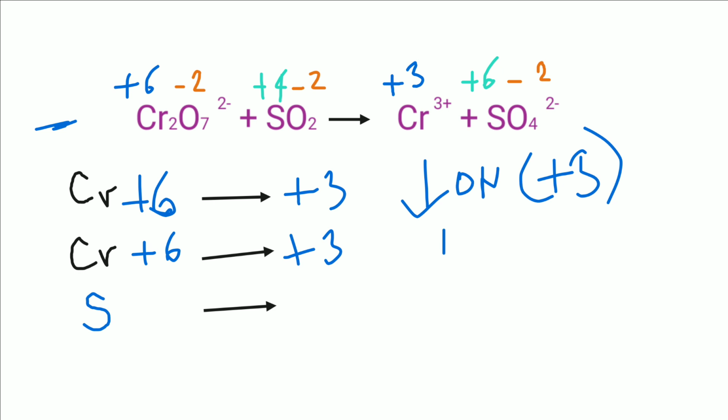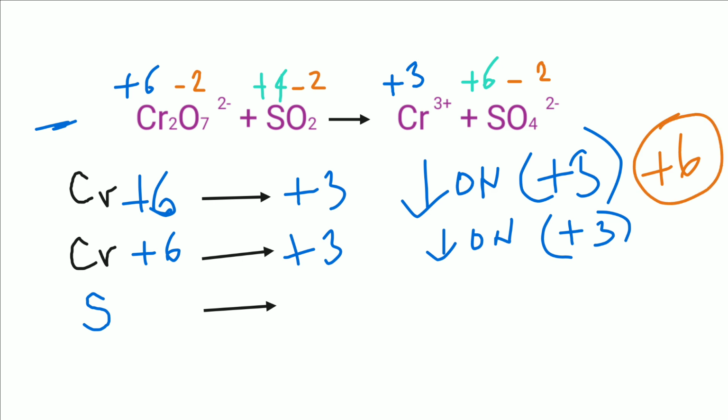So this is also a decrease in oxidation number of plus 3. So the total decrease in oxidation number for chromium, we add together plus 3 and another plus 3, so the result will be plus 6. The total decrease in oxidation number of chromium is plus 6.